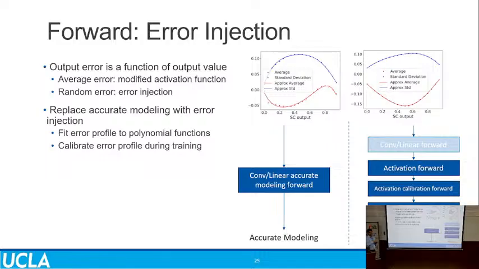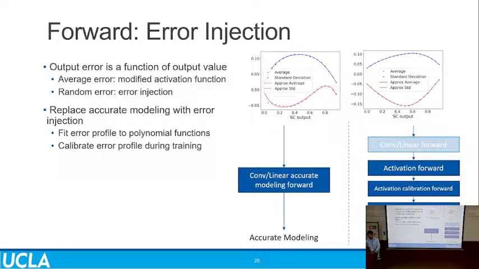And the error injection is just looking at what that distribution looks like, and instead of emulating stochastic operations by int 4 or int 8, it will inject errors following the same distributions. So you compute the activation, add a random number which follows a certain distribution, which is pre-calibrated from whatever approximation you're doing in the forward pass.